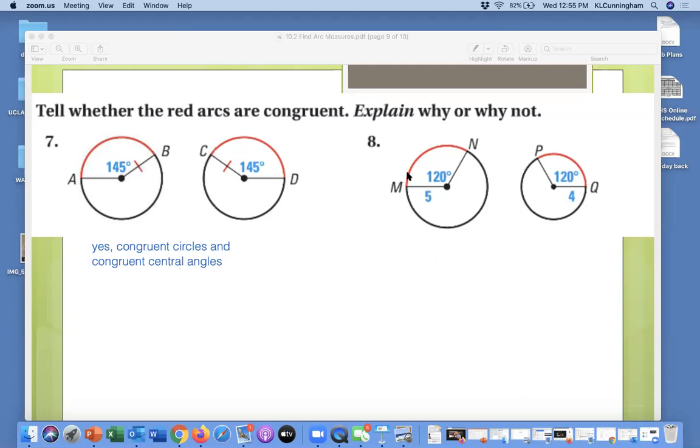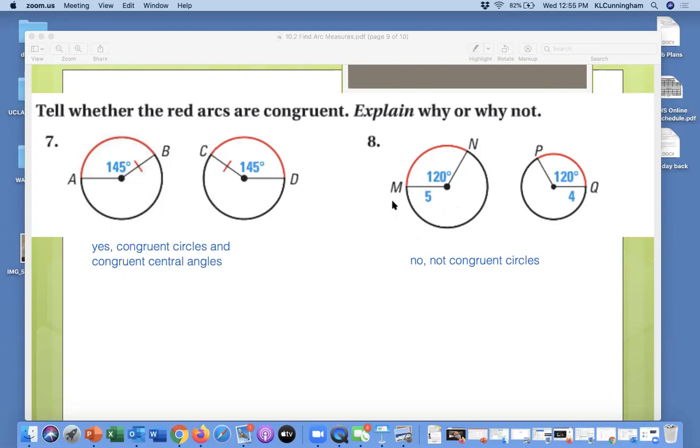All right, now are these 2 arcs the same? Well, first let's check if they're on congruent circles. This radius here is 5, this radius here is 4. So no, not congruent circles. Yes, I can see they have the same central angle, but if they're not on congruent circles, these would not be the same. This is like the idea of how much pizza crust is here.